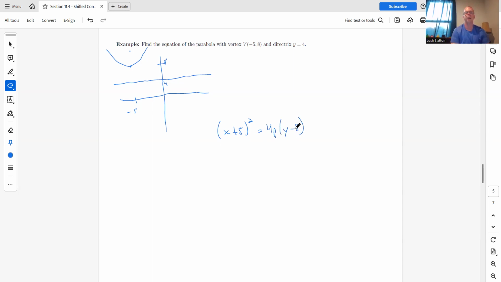And so now we can figure out what p is. p is just going to be the distance from the vertex down to the directrix. So we go from 8 to 4. So p is 4, and so 4 times 4, and then y minus 8. And of course, that will give us x plus 5 squared equals 16 times y minus 8. And that's all there is to it.